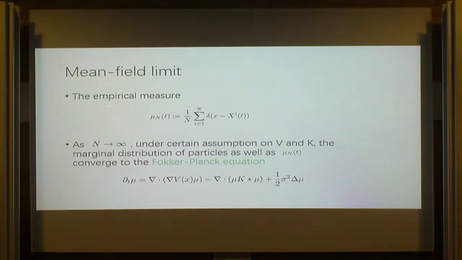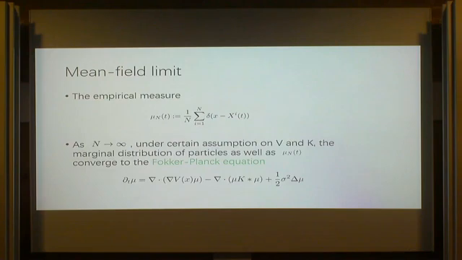If you define the so-called empirical measure, putting a discrete Dirac mass at each particle xi and taking the average, and you take n to infinity, under certain assumptions on the potentials V and K, the marginal distribution of the n-particle system or the empirical measure can be proved to converge to this Fokker-Planck equation, where this comes from the external force, this the interacting potential, and you get this convolution between K, the interacting potential, and the density distribution. The Brownian motion, of course, gives rise to this diffusion term. So that's the so-called mean field limit.